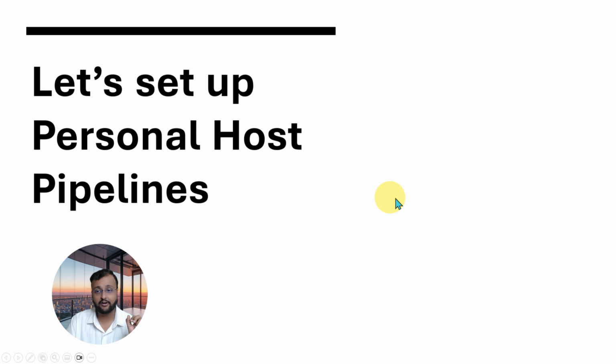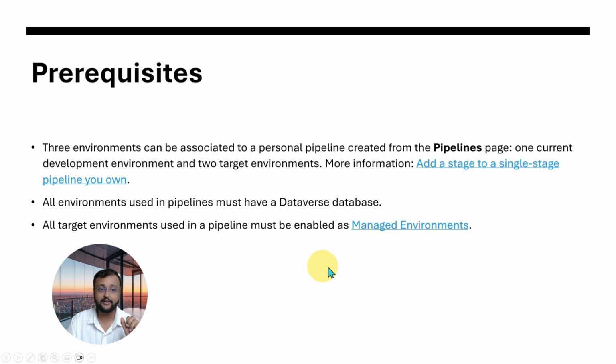All right, but before that, we need to understand some of the prerequisites in order to set up the personal host pipeline. Number one thing is how you want to set up your pipeline; it's totally up to you, right? Let's say, for example, you have your solution in one of the development environments.